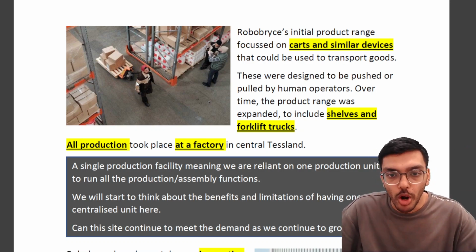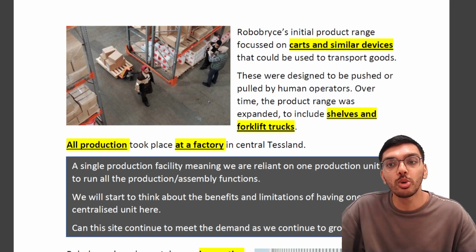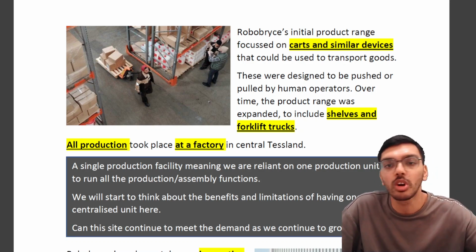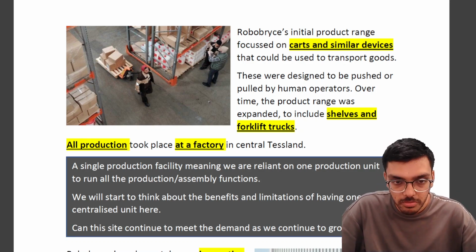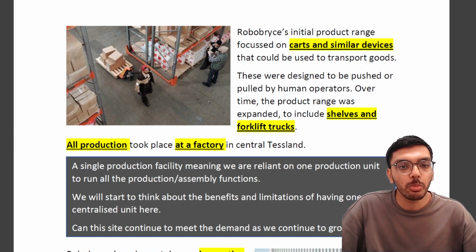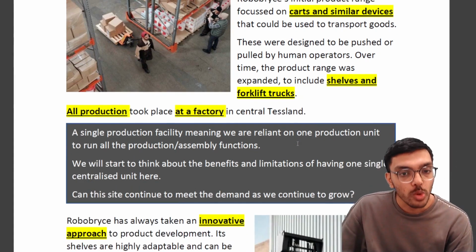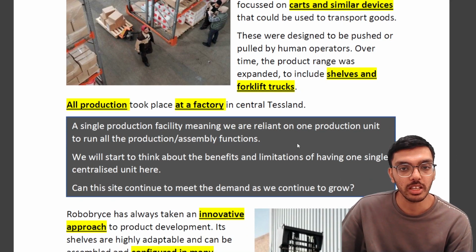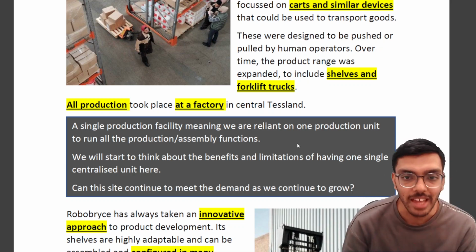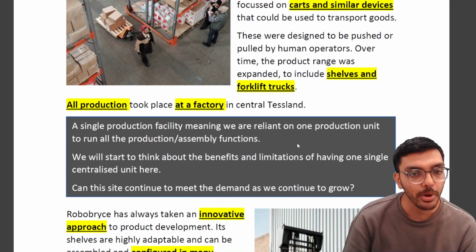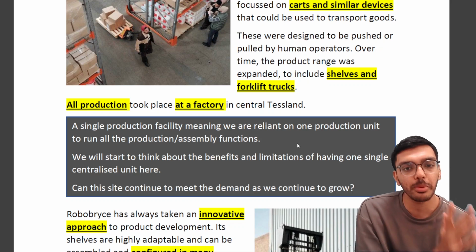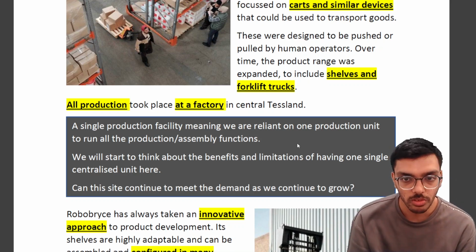Over time, the product range was expanded to include shelves and forklift trucks. All production took place at a factory in central Tesland, everything in one factory. So a single production facility, meaning we were rather reliant on one production unit to run all production and assembly functions.